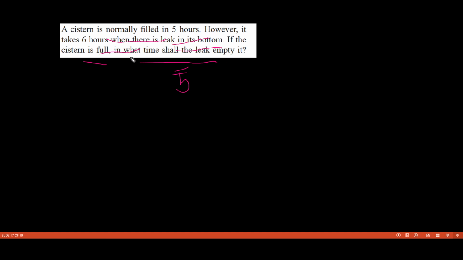Now see what is given, that a cistern is normally filled in 5 hours. Alright, so normally means there is no leak. Alright, so when it is filled in 5 hours, so in 1 hour 20% of the tank is filled.